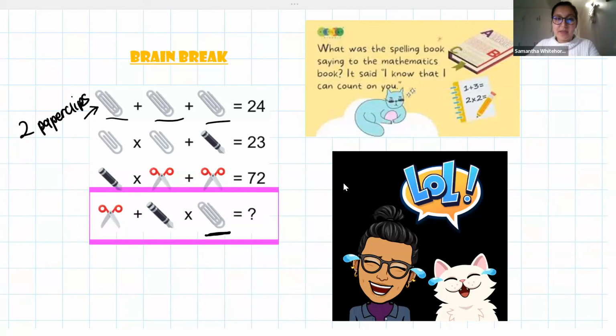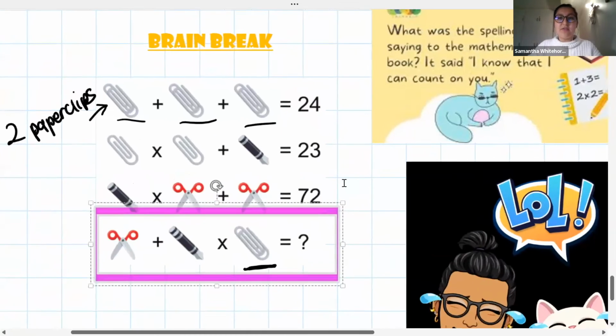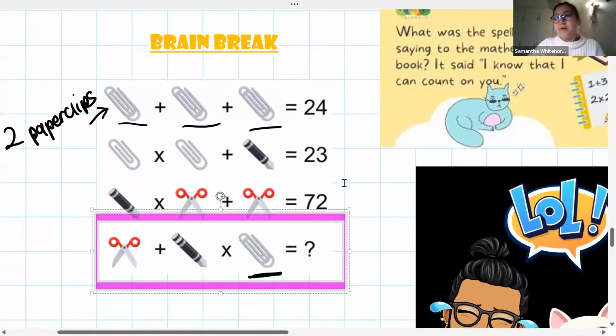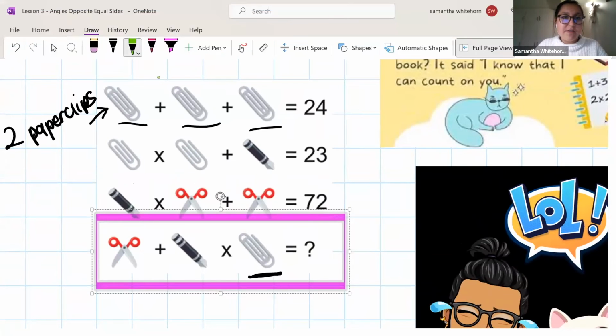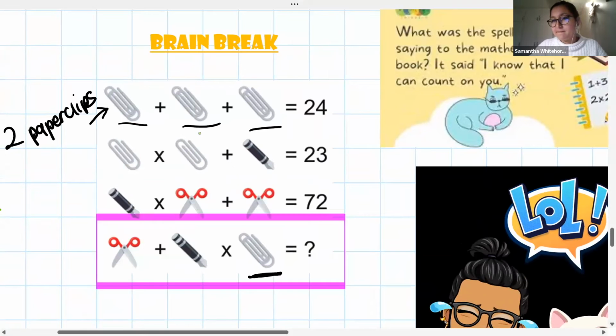Well done. So if you want to raise your hand to explain it for us, we can see how you got that answer of 65. Zandile, if you want to raise your hand to explain it for us, very nicely done.